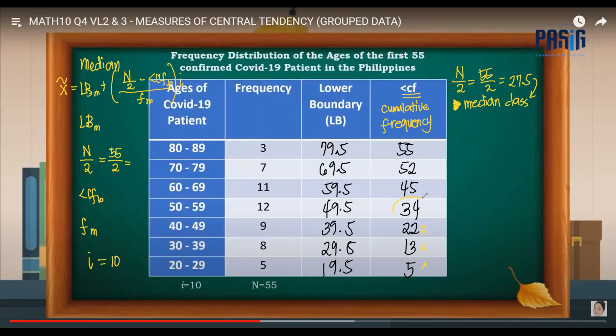Pero as you can see, sa 34, pasok siya. Kasi ang kasunod na ng 22 is 34. So, nandun si 27.5. Included siya doon. Hindi pwede si 45, 52, and 55 kasi sobra-sobra na. So, ano yung median class natin?